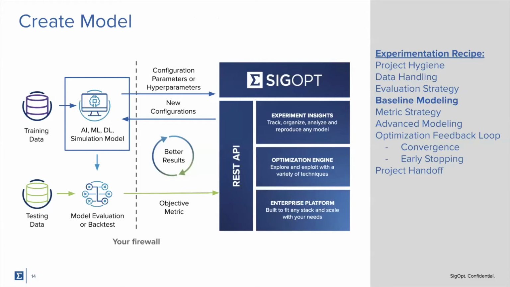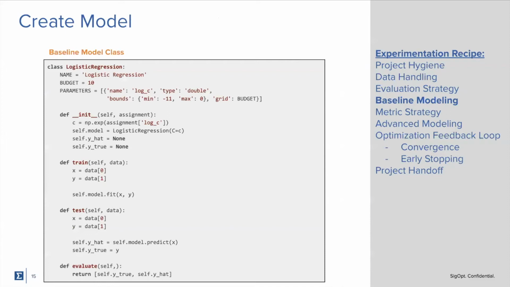And the last thing in order to do experimentation is having a model. I'm personally a firm believer that coming up with baseline models is a really great idea for a lot of different reasons.